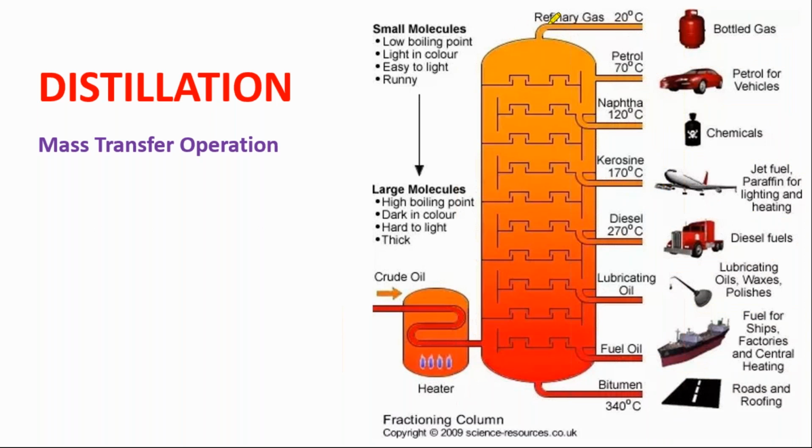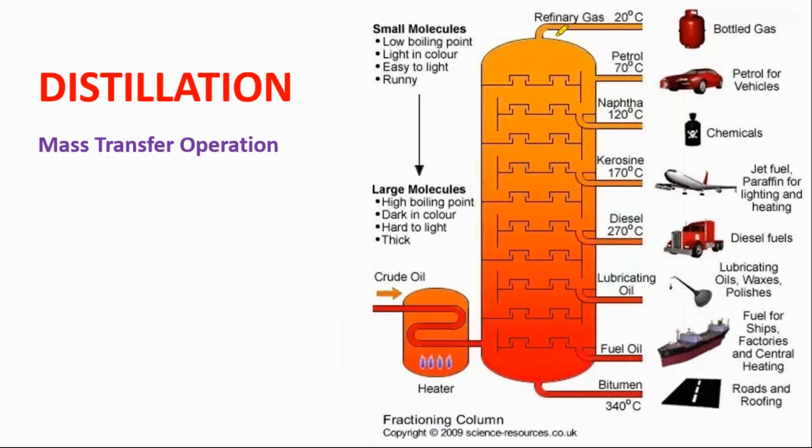So this is a distillation column, and the products of this distillation column are the gases, liquids and solid products. So the gases may be the refinery gas at 20 degrees Celsius, petrol at 70 degrees Celsius, naphtha at 120 degrees Celsius, kerosene at 170 degrees Celsius, diesel at 270 degrees Celsius, lubricating oils, fuel oil and bitumen at 340 degrees Celsius.